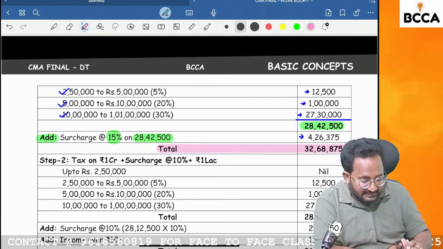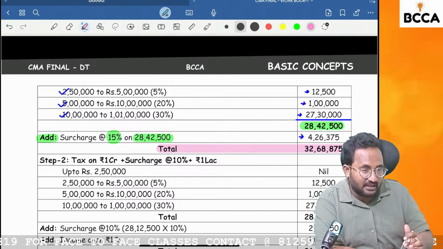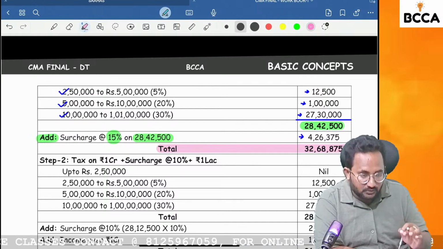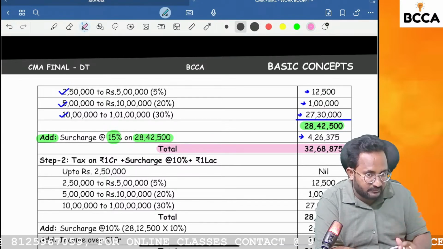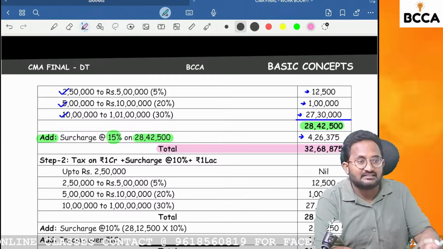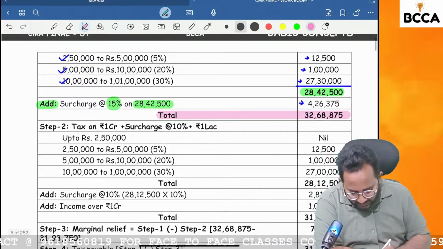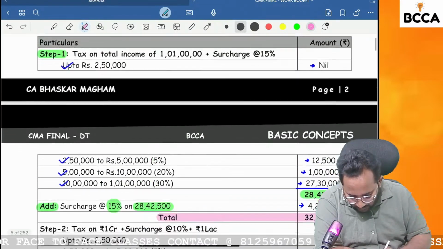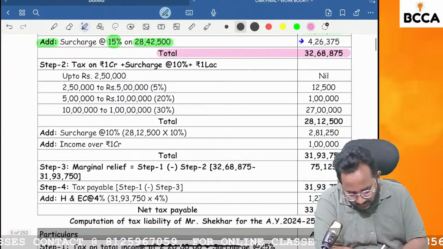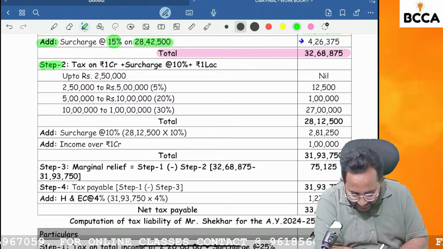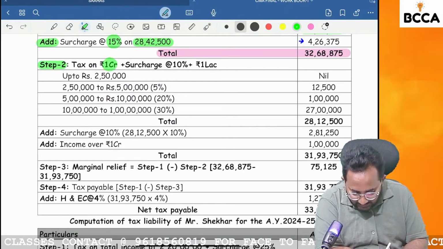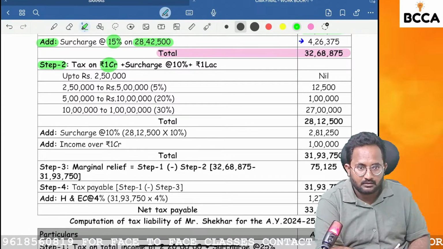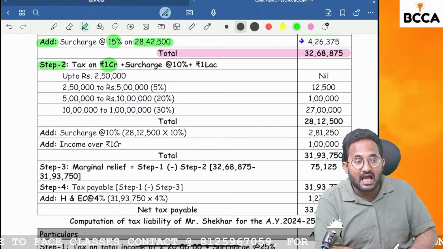The government is expecting 32 lakh 68,875 as tax payable from you. But here you are expecting marginal relief. What is step 2 we have to follow? Tax on the basic limit. What is the basic limit here? 1 crore, including surcharge.